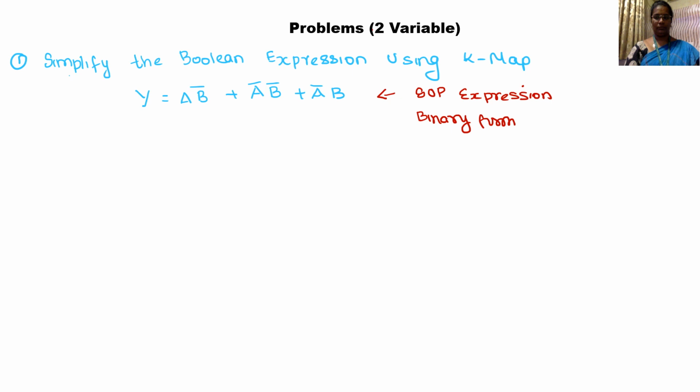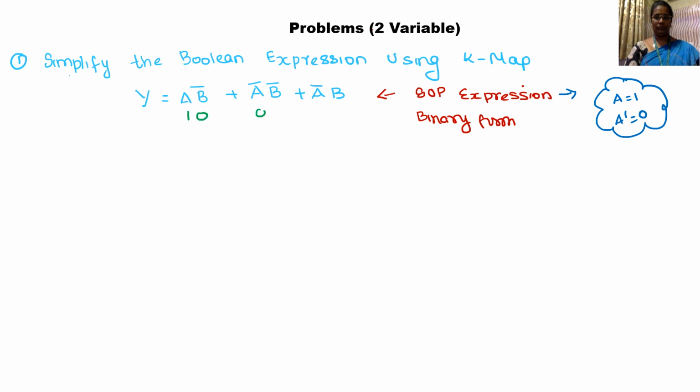Since I say it is an SOP, I have to be very mindful of noting that my original variable A will take the value 1 and my complementary will take the value 0. So keeping this in mind, I may now represent this expression in binary as A to be represented as 1 and B complement as 0.